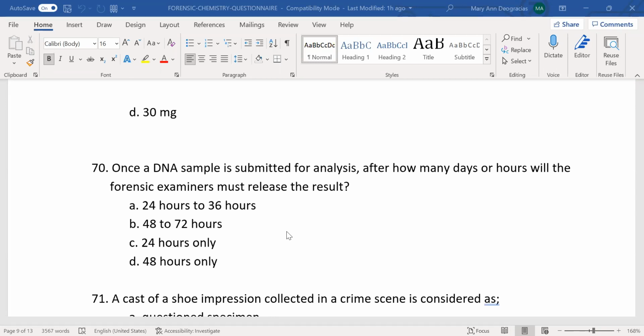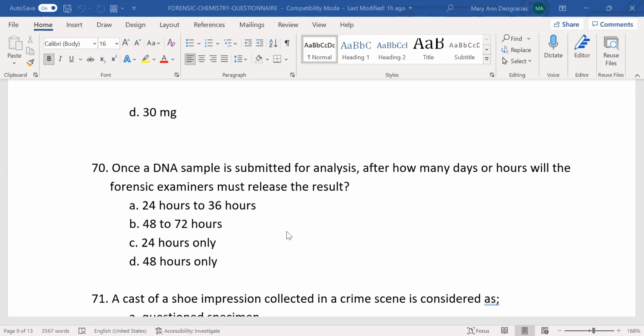Kung ma-encounter pa niyo yung question, kung walang ganyan choices, mag 1 month kayo. Pero alam niyo yung standard na sagot diyan 48 to 72 hours. Nag 1 month lang sa crime lab. Only in the Philippines. Grabe. Namatay na daw yung examiner niyan, sabi ni Doc Manlusok.